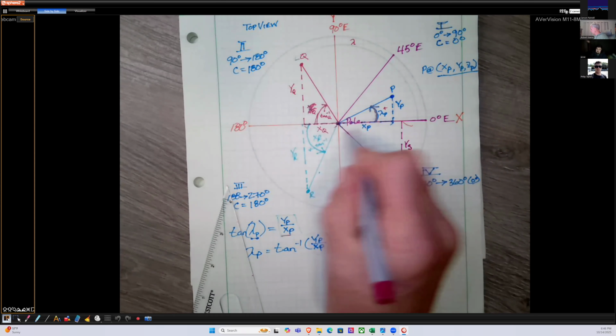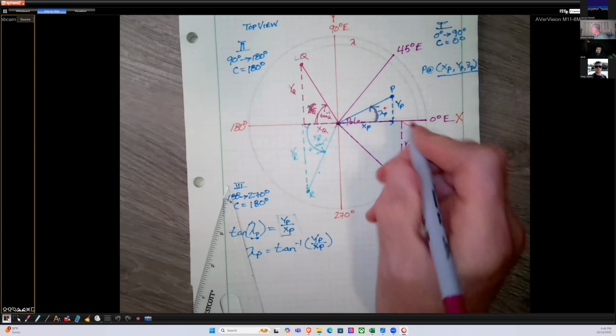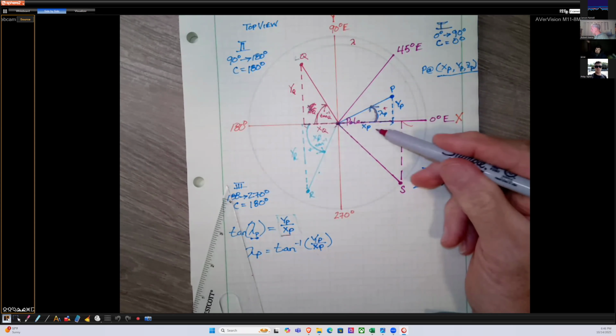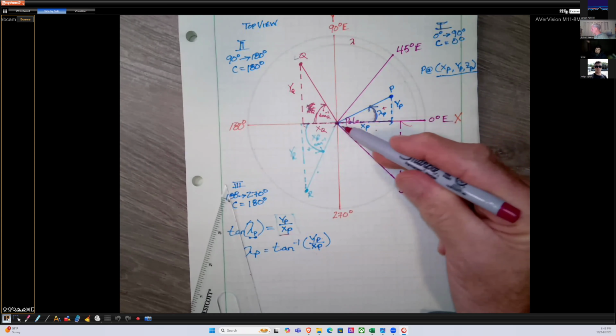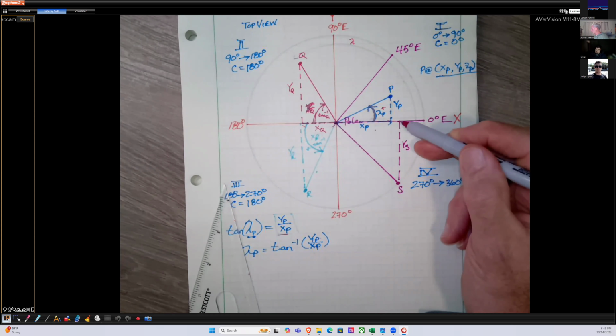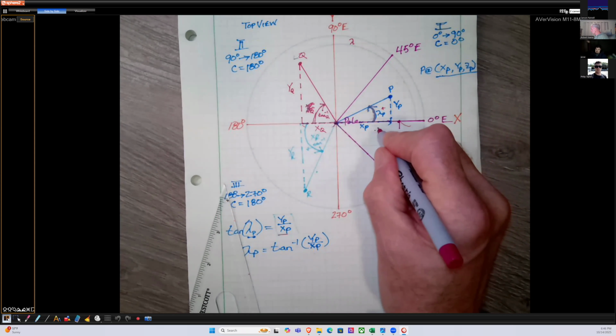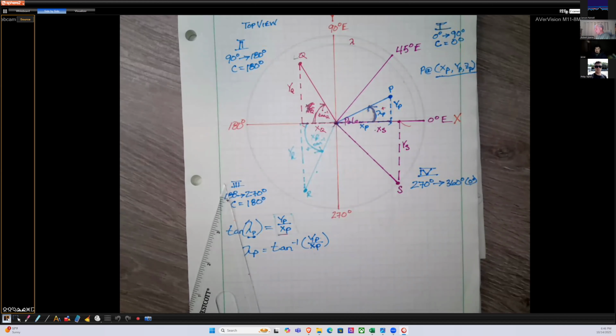And if I were to do a dashed line up here, that would be Y. What would this distance be from the pole to here? X sub S. And if I take the arctan function, what is it going to return?